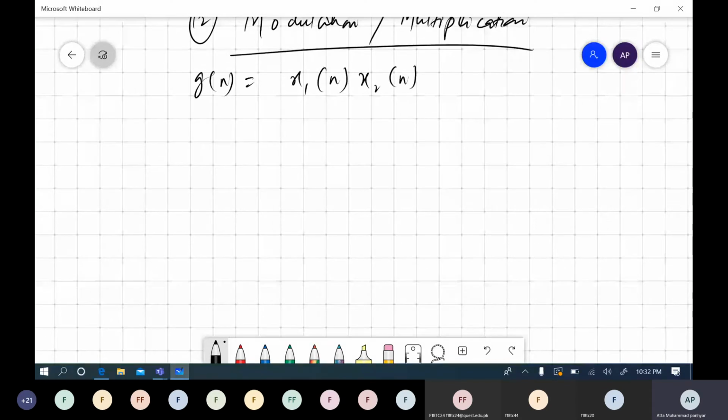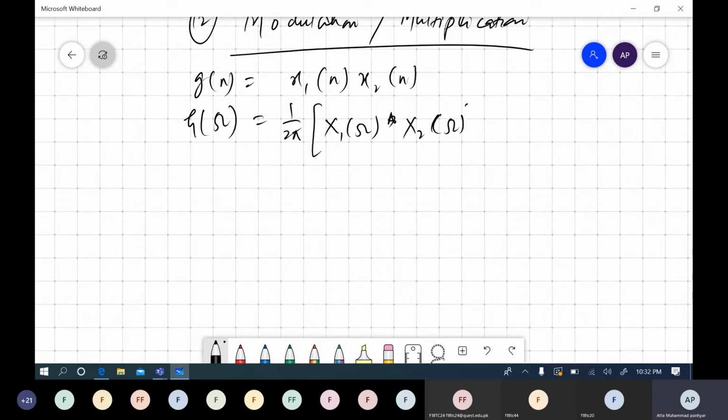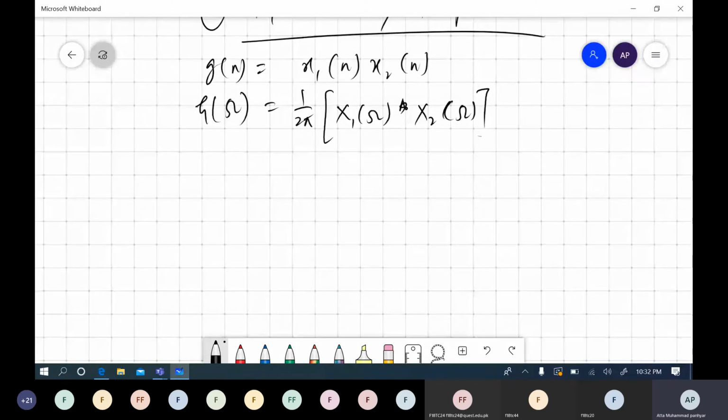Then if you compute the frequency spectrum, these two spectra must be convolved with each other. We discussed in the continuous time Fourier transform as well that if we multiply two signals in the time domain, their associated spectra are convolved. If we convolve two signals in the time domain, then their associated spectra are multiplied. So how to accomplish it?